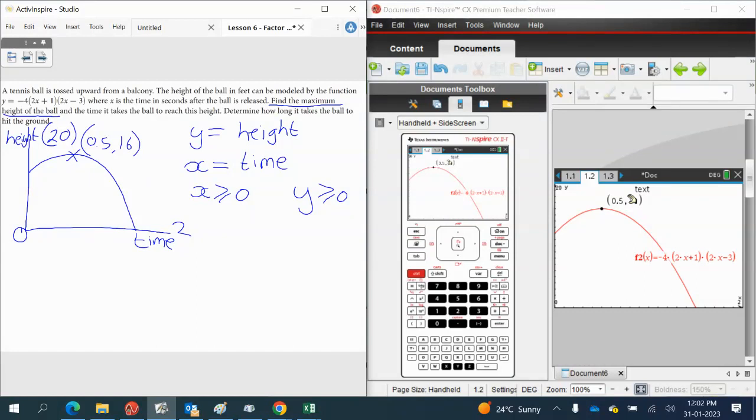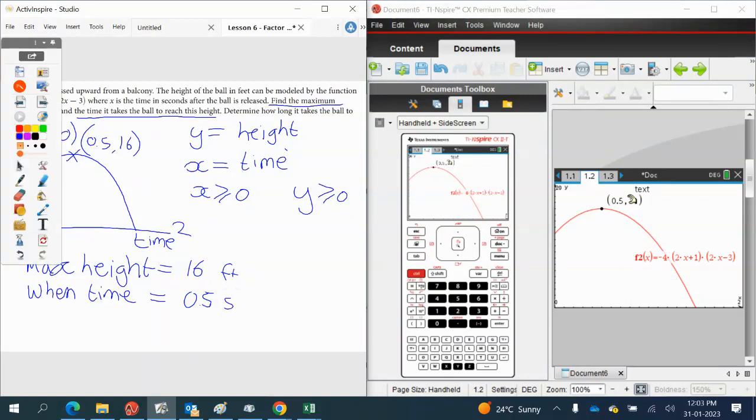The y value, because y describes height, x describes time. So max height equals 16 when time equals 0.5. This is feet, and this is seconds.